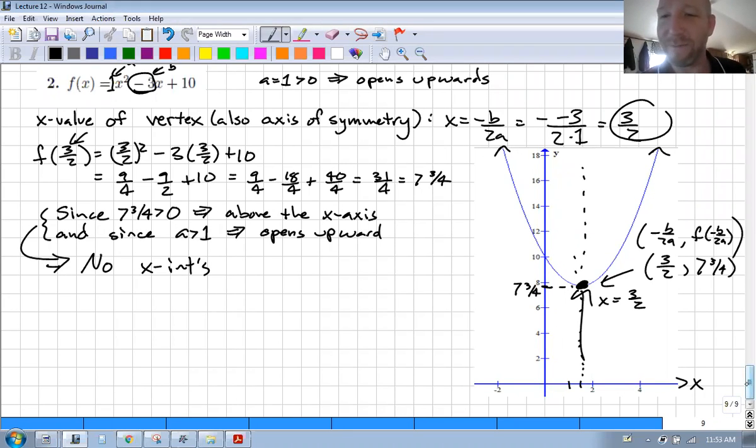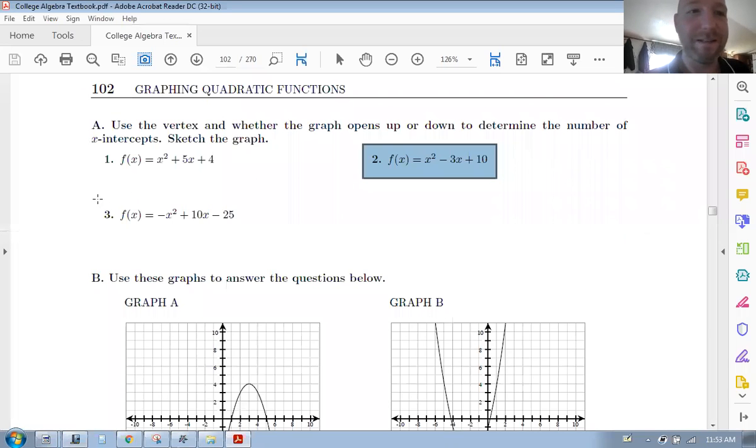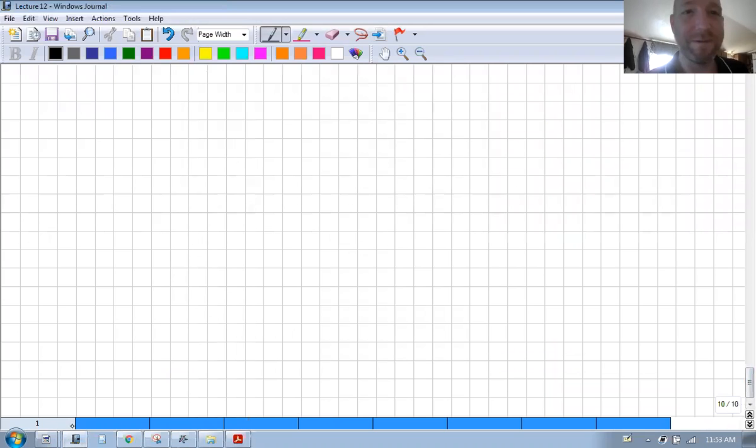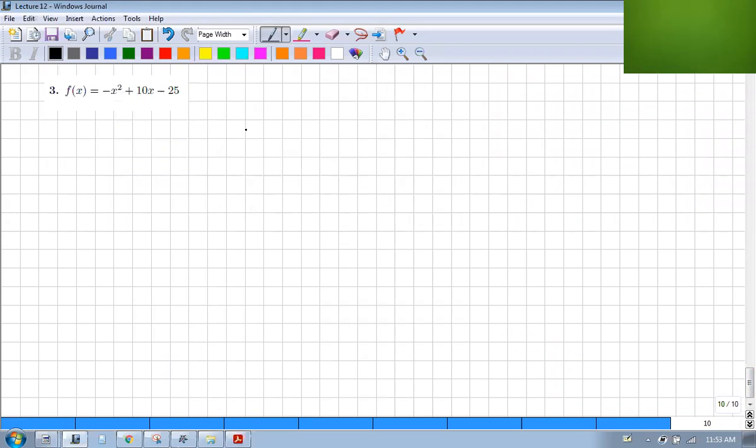All right, class, we're back. Let's look at another one of these problems. Are y'all there with me? Yes, sir. All right. So let's use our vertex formula again. Well, let's just graph this thing first off. What is it?